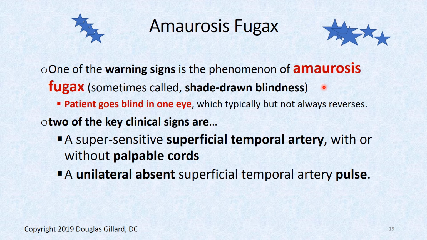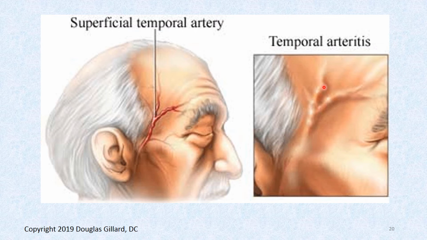And what does it indicate? It's highly associated with giant cell temporal arteritis. And you have to assume at that point that the ophthalmic artery is all swollen up with inflammation, and they're in trouble of losing that eye. Okay, that's what Amaurosis fugax is. Sometimes there are palpable cords. You can palpate this and feel these cords.